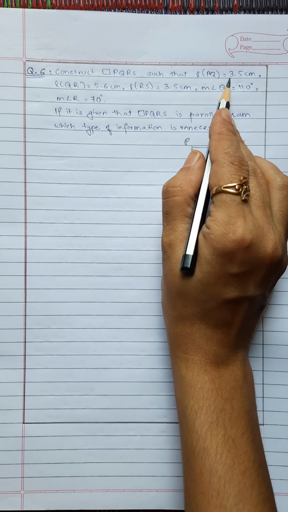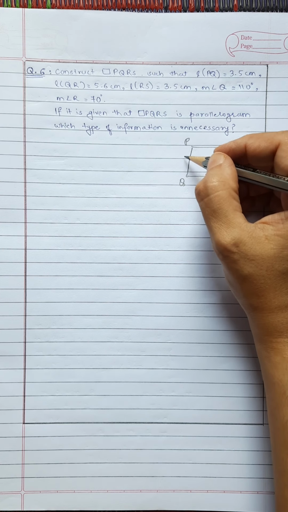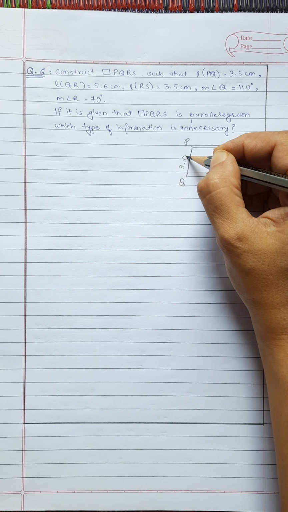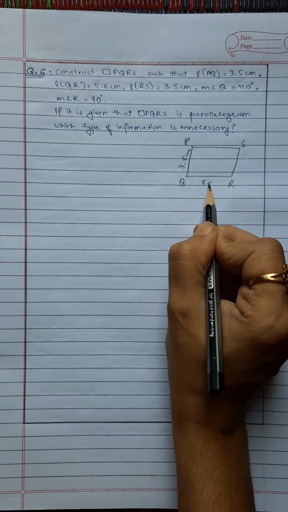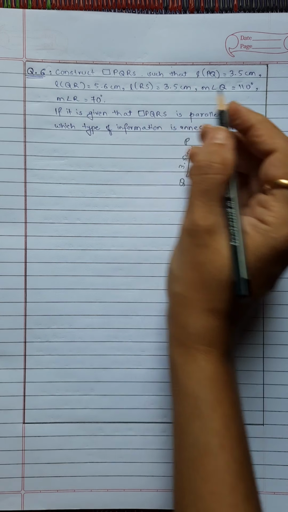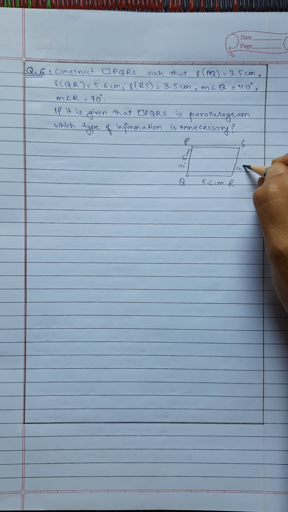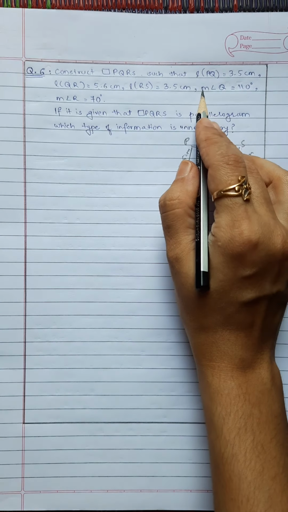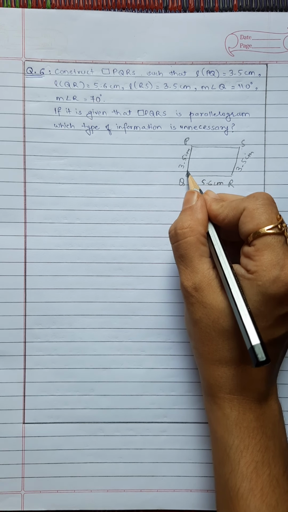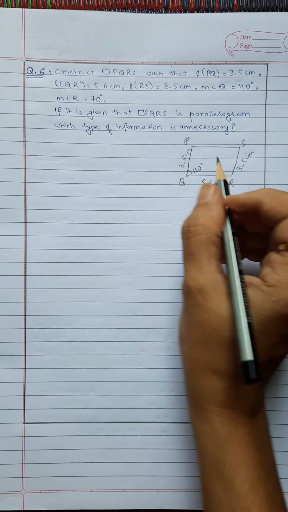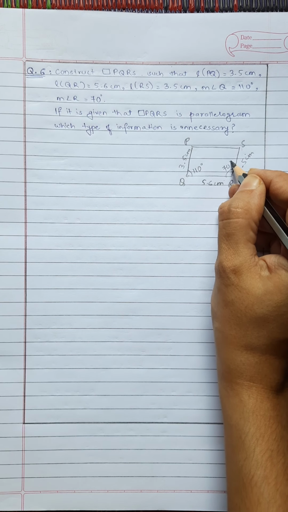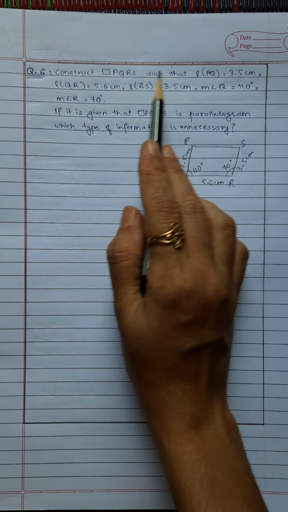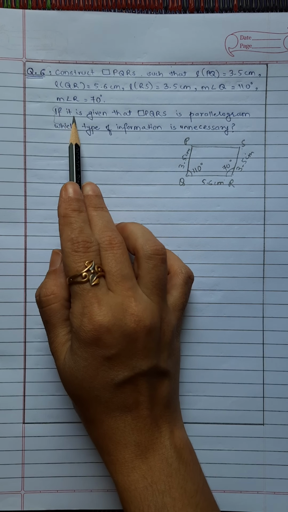In that, length of PQ 3.5 centimeters, QR 5.6 centimeters, RS 3.5 centimeters, and measure of angle Q is 110 degrees. Measure of angle R is 70 degrees. Now start the construction. Apart from it, the next question asked, we'll see it later.